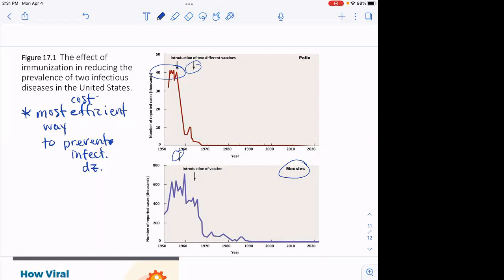Oh, yeah. So that's a good question. Because Pfizer and Moderna are mRNA vaccines and they degrade fast, is that why we need boosters? I don't think that's the reason.